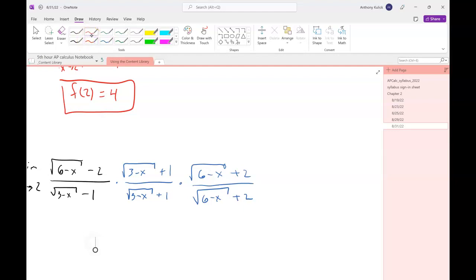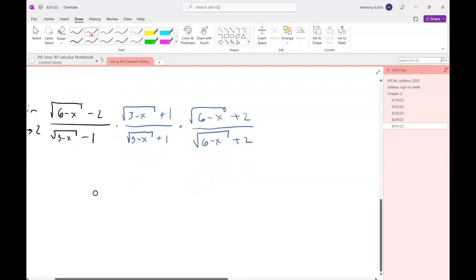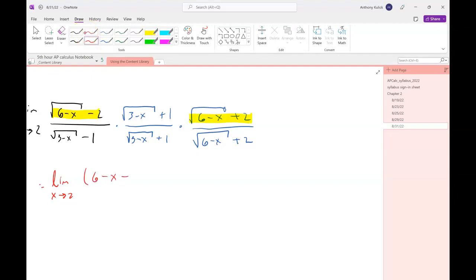So when I do that, I'm going to actually just write it below since I kind of want to look at everything. So the way I'm going to write this is I'm going to do that part, and then down here I'm going to multiply these together.